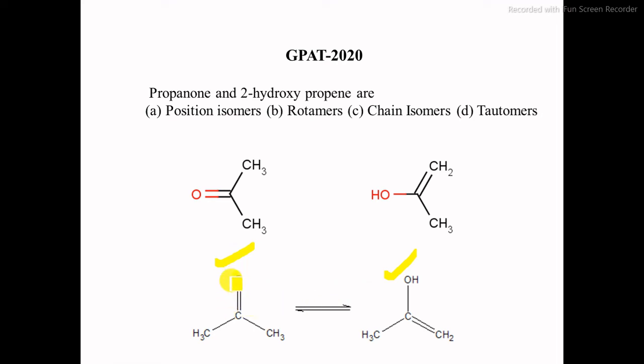The C double bond O is converted into C-OH, and this single bond is converted into a double bond. So these are in dynamic equilibrium with each other, and they are keto-enol tautomers of each other. So the right option here is option D, which is tautomer.